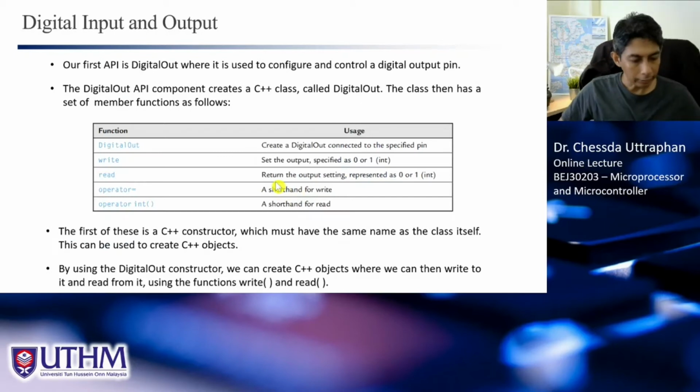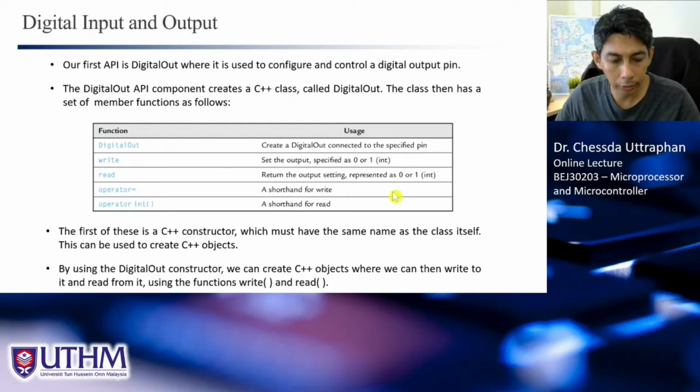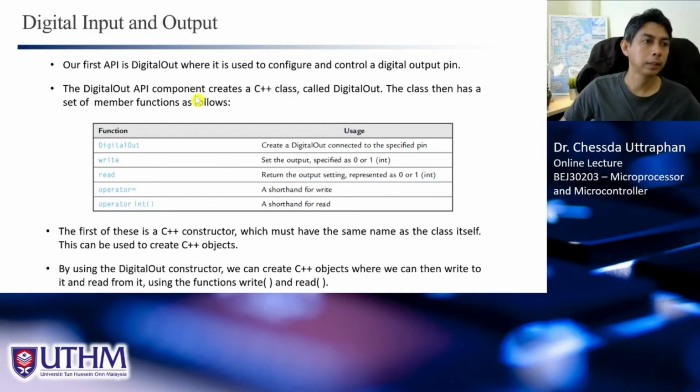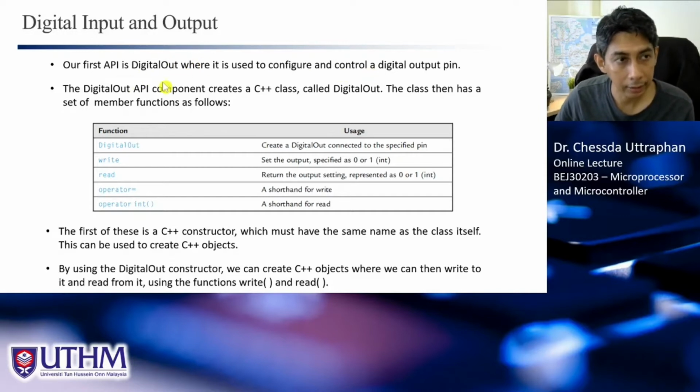So now let's look at a very simple application, just like what we did previously, where we want to use the digital I/O. The first API is the digital out, which is used to configure and control a digital output pin, where we can set a digital output.